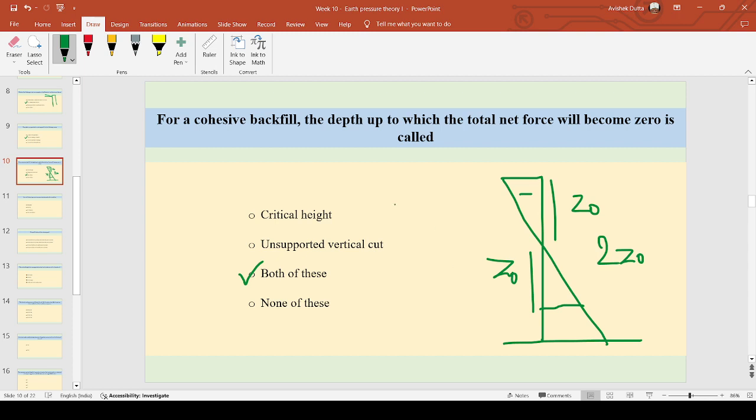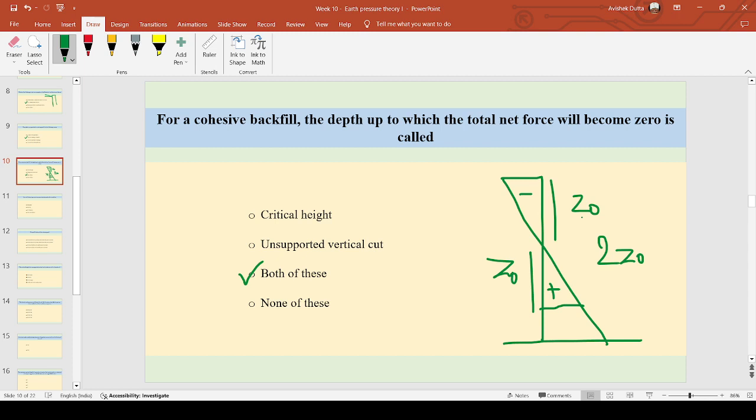Sir, what are the alternative names for Z0? Z0 is the tension crack depth, the depth of the tensile crack.